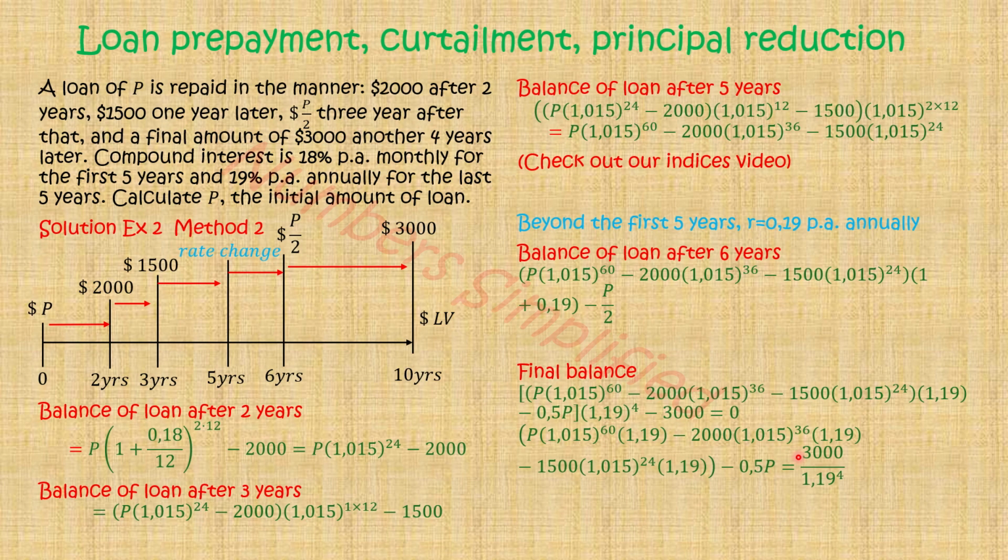So that would clear the 1.19 raised to the power 4 of the interest that is accrued in the last 4 years. Now with that, we can actually now focus on the parts that are remaining on the left hand side. So it is advisable that we try to keep our answers as exact as possible, but there are instances and times where we cannot keep them as exact as possible, like in the case of the P. So the first P, we would just compute whatever we have here using calculators, of course.